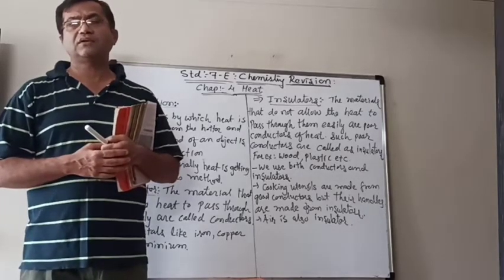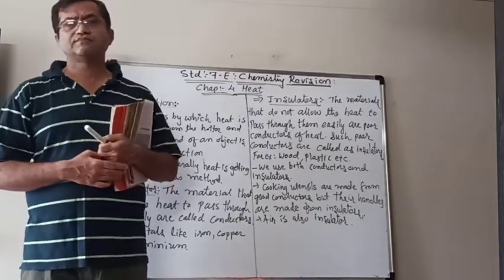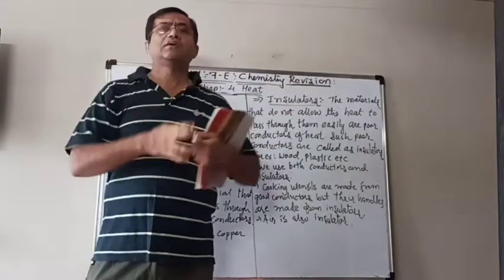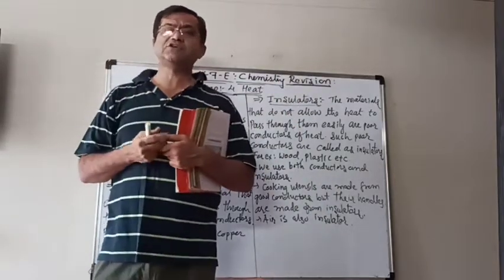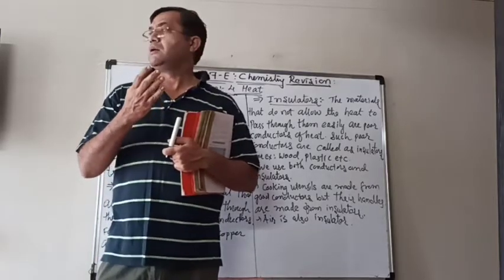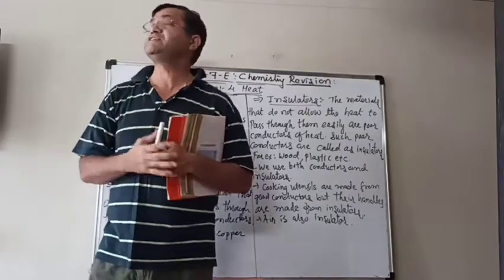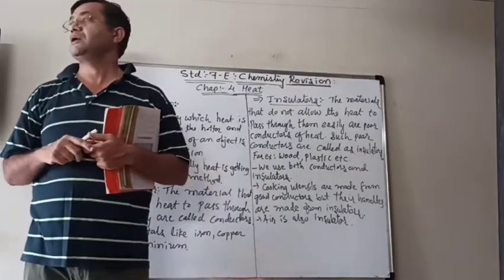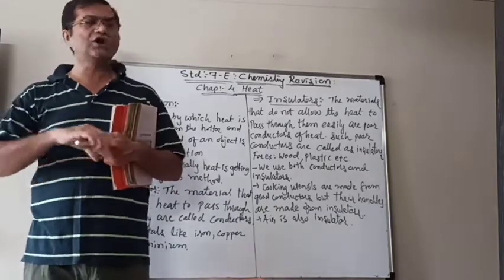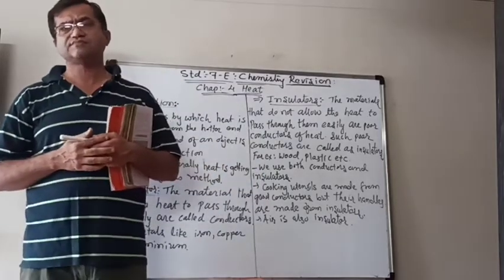And therefore, even if the utensil is hot, we can still lift it using the handles, because handles are made from insulating materials. So in a cooking utensil you can see that both conductors and insulators are used.